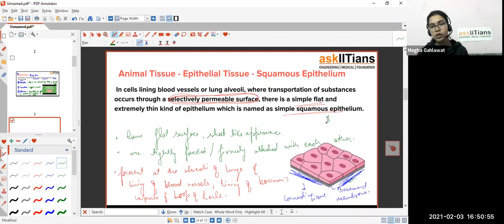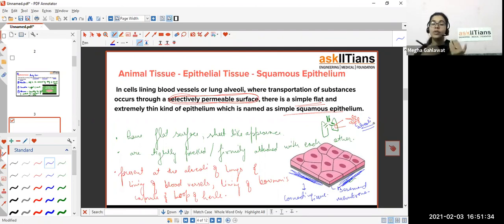The lungs will have a trachea, that is the windpipe, which will be bifurcated into the bronchi, okay, and then the lungs are present, and inside the lungs we have this small grape-like structure, and these small circles that you see are called the alveoli, and these alveoli have the squamous epithelium in their membrane. Since they are firmly packed and they require a selectively permeable membrane in order to let the molecules pass across it, okay? So that is one thing.